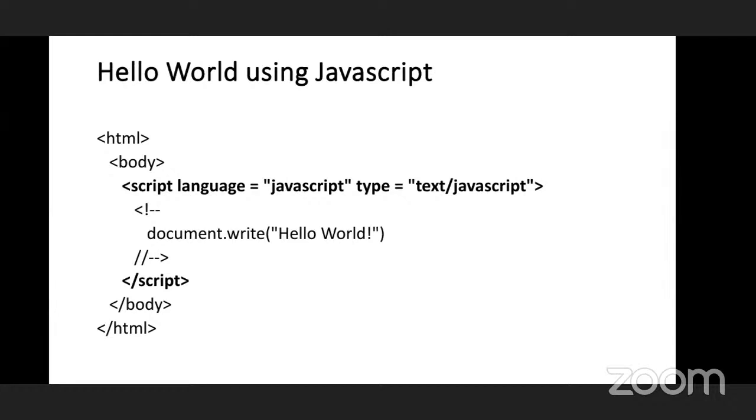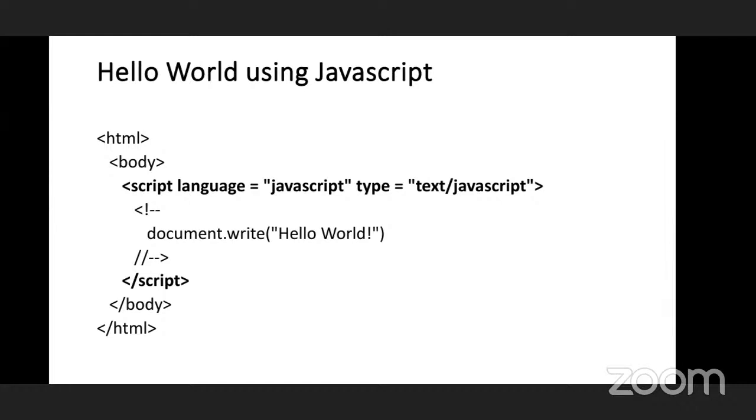In Java, System.out.println is the output statement. In the same way, every programming language has its own input and output statements. In JavaScript, the output statement or function is document.write. It is used to print something on the screen as the output of the program.